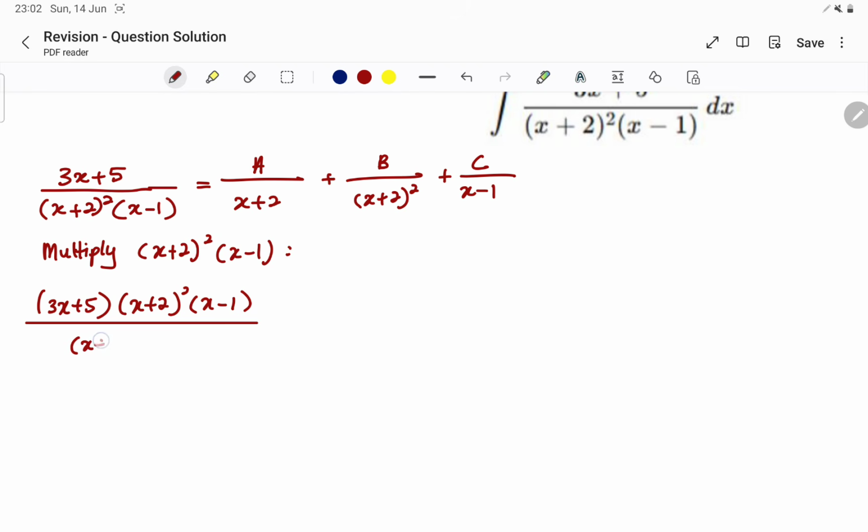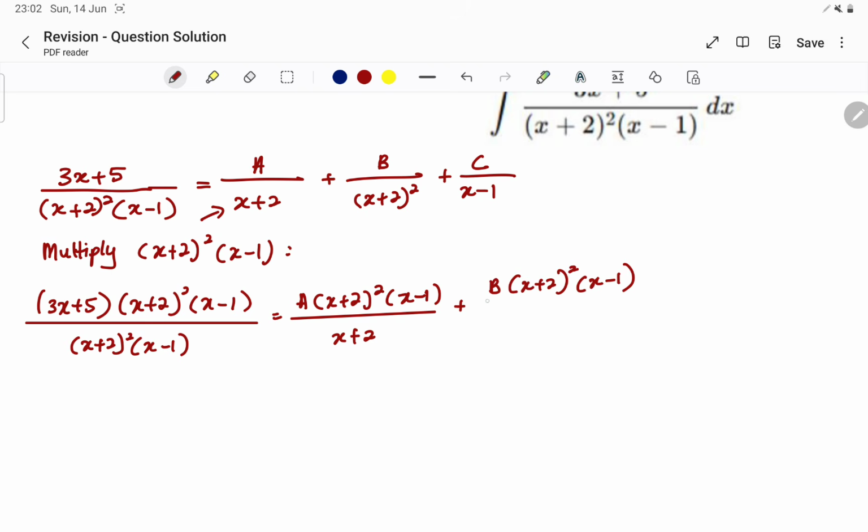So (x plus 2) square (x minus 1) equal to a multiply with (x plus 2) square (x minus 1) divided by x plus 2, and then b (x plus 2) square (x minus 1) divided by (x plus 2) square, plus c (x plus 2) square (x minus 1) divided by x minus 1.